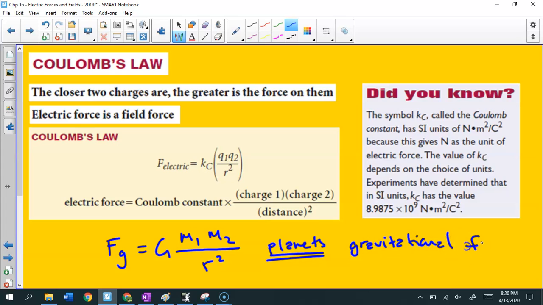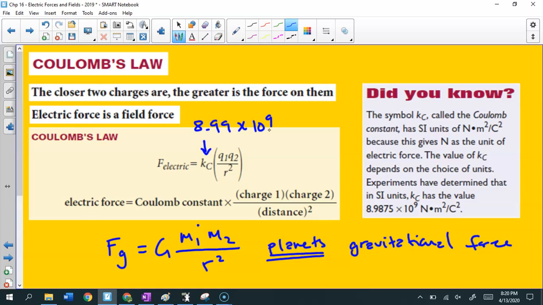Well, if you think about it, a proton and an electron, or a positive charge and a negative charge, are somewhat like their own planets. And so what you'll find in this lesson is it's mirrored very similar to that. So you'll have a constant, which is k sub c, which we are going to use as 8.99 times 10 to the power of 9, generally speaking.